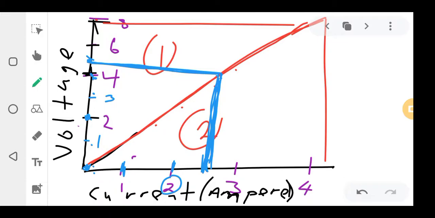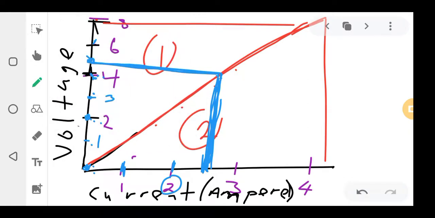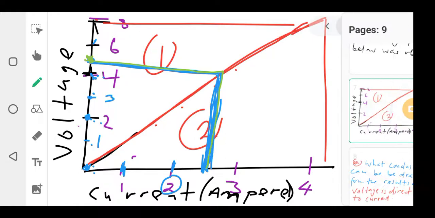If here it's 4, there's a 3 in the middle. So if here it is 4, here it is 6 on top, meaning here it must be 5. So from 2.5 here, I drew a straight line in this direction, and then I went to pick the voltage this side. And the voltage there is 5.